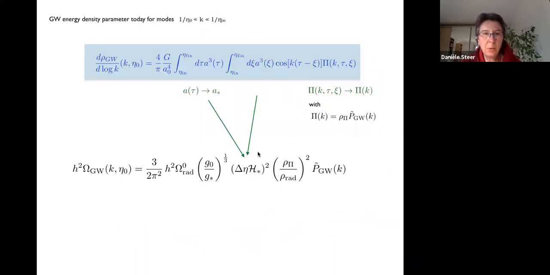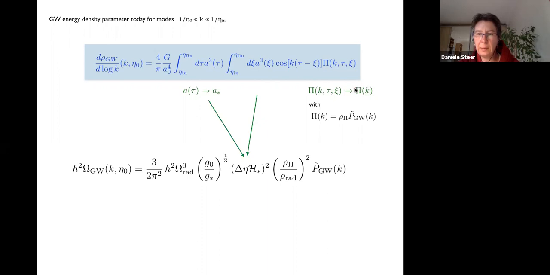So I make all these simplifying assumptions. A, I replace by A star. So this becomes essentially a factor of delta eta times H star squared, because there are 2 of them. Then I can replace this. It looks complicated, but it's not at all.